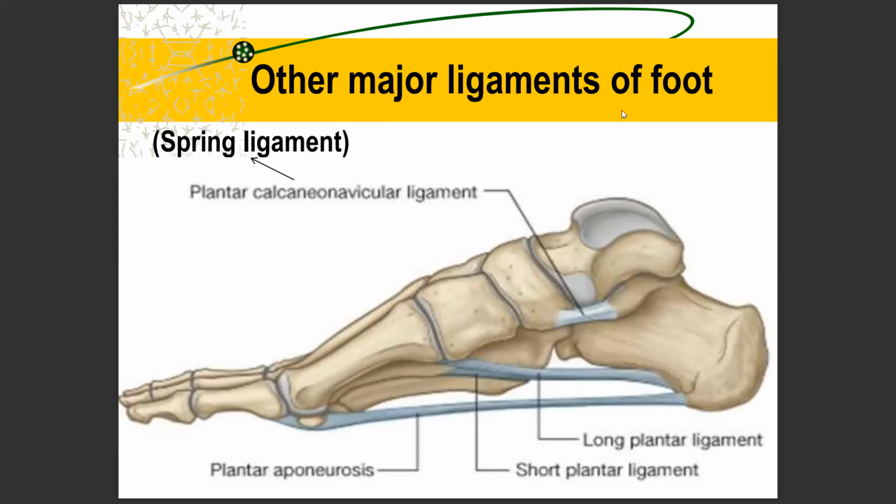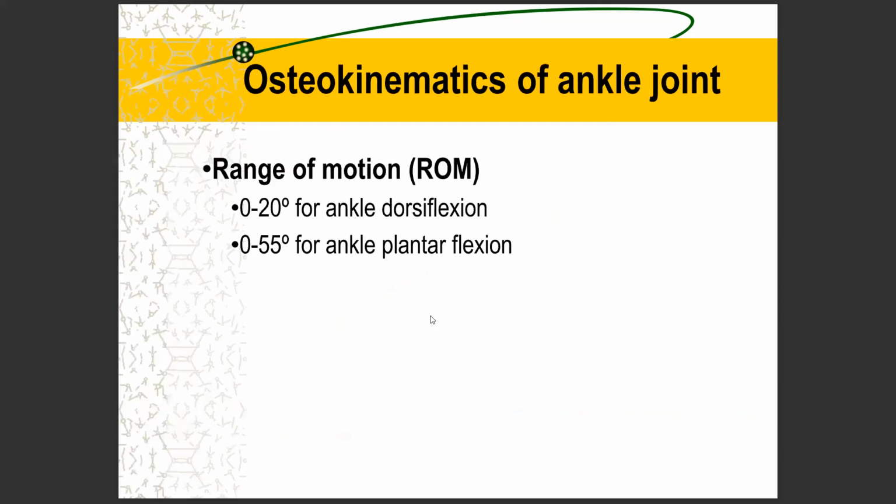On top of it the tibia and fibula form the ankle joint, and the anterior part of the tibial bone is known as the shin. So the angle formed between the tibia and the dorsum, if it increases, it means the foot is going downward, away from the shin, so that will be plantar flexion, and if it is coming towards the shin, then that will be known as dorsiflexion.